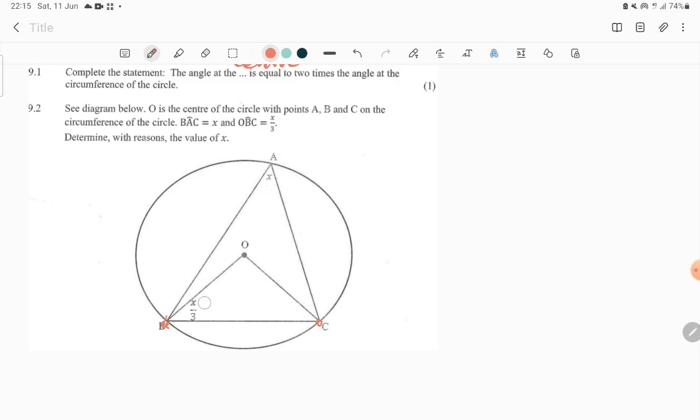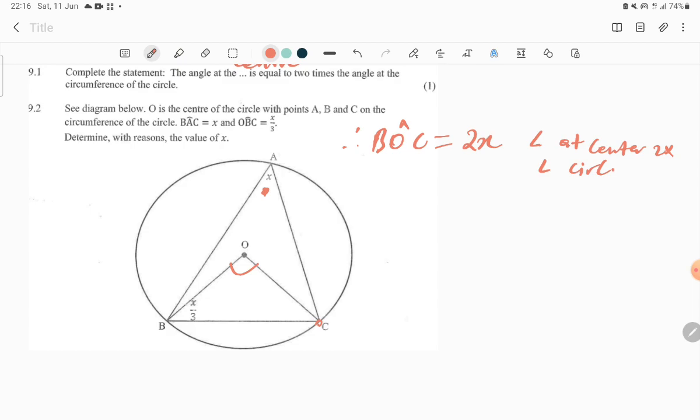Whatever statement that we write, we need to give the reason for that. At the end of the day, we know that BOC, which is this angle, is going to be twice that angle. So we know that BOC is 2 times x, because the angle at the center is 2 times the angle at the circumference.